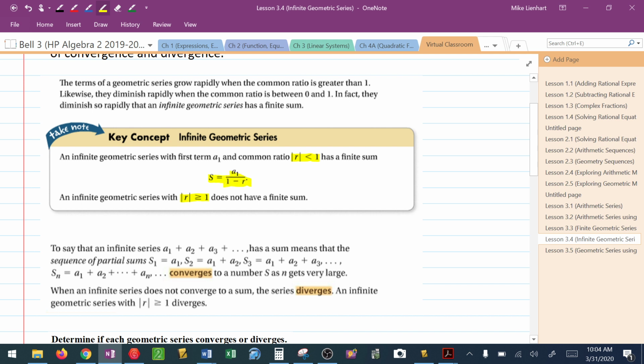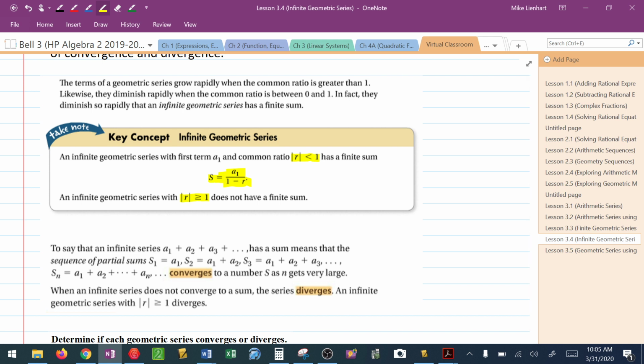The way we do that is a sub 1 divided by 1 minus R: the first term divided by 1 minus the common ratio. If it's an infinite geometric series, but the absolute value of R is greater than or equal to 1, you can't find it. It doesn't have a finite sum.